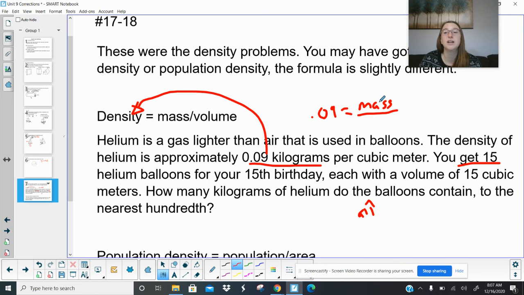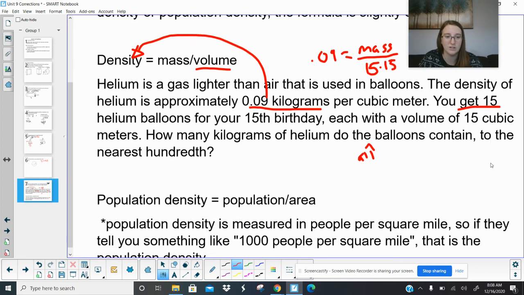What you should have done here is, you get 15 balloons with each having a volume of 15 cubic meters. So our volume is not just 15. It's 15 balloons times 15 each. You would get what that is, cross multiply, and solve for mass. If you got 2.5, you just needed to multiply your answer by how many balloons there were. That's all you didn't do to get the right answer.